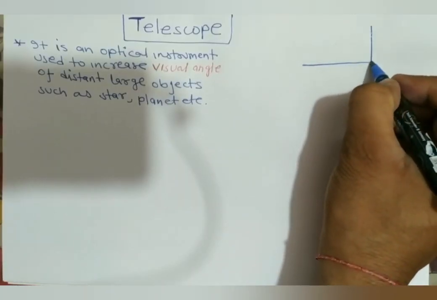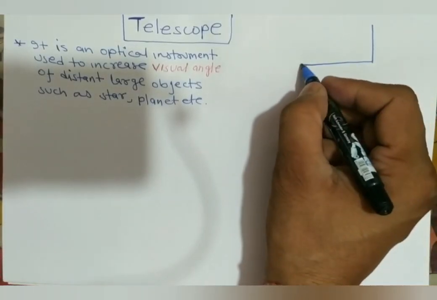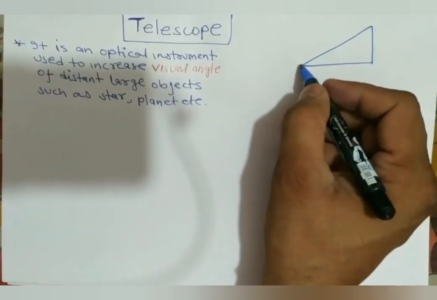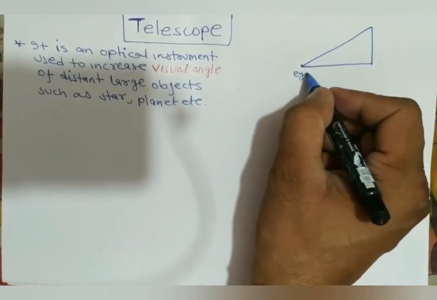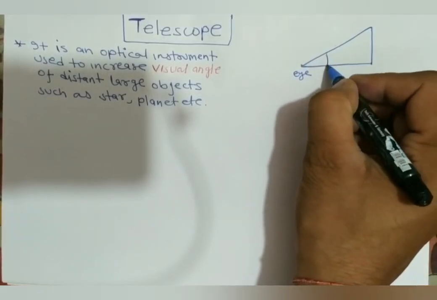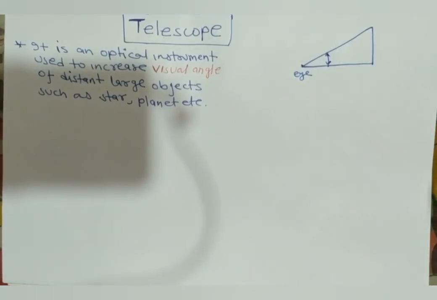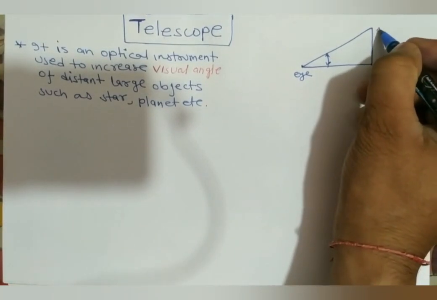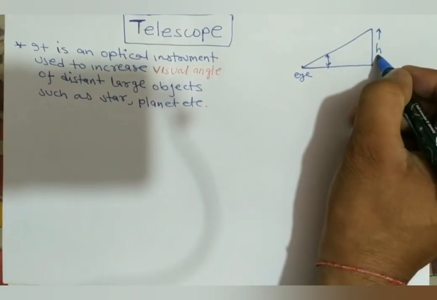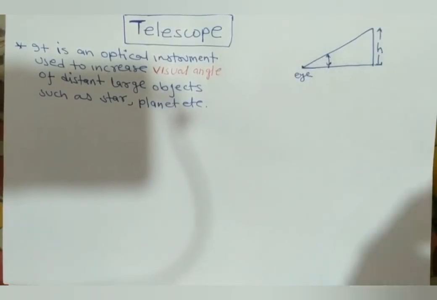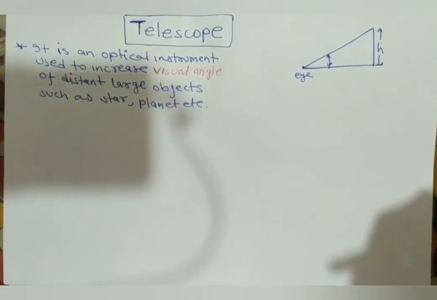If this is an object and here is the eye, then the angle made at the eye, the angle subtended, the appropriate word is subtended. Let the height of the object be h, then the angle subtended at the eye is called the visual angle.